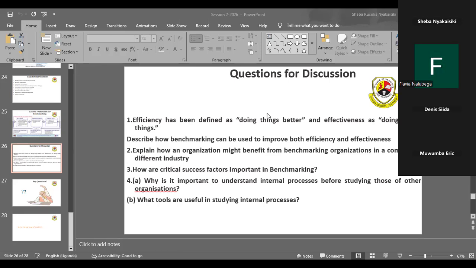If benchmarking does lead to those two things, then it justifies the cost, but it must justify it.